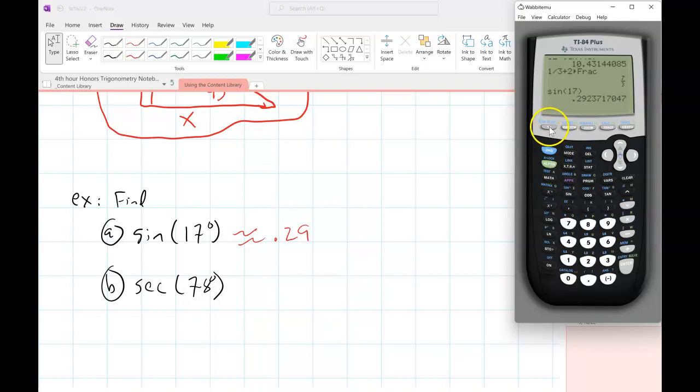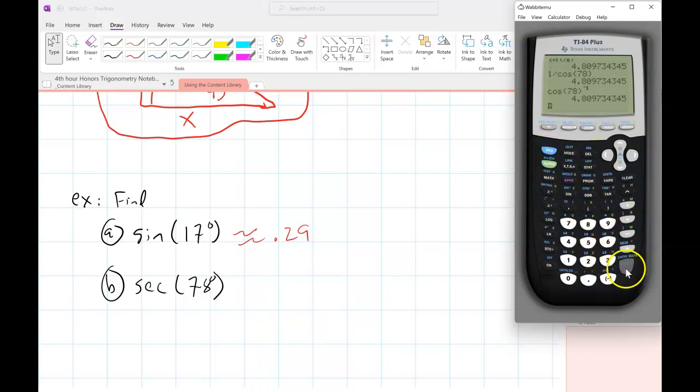So a couple of different ways you could do that. You could use the fraction command and do 1 over cosine 78. You can just do 1 divided by cosine 78. That'll give you the same thing. Or you could do cosine 78, make sure you've closed the parenthesis, and then do the reciprocal button.